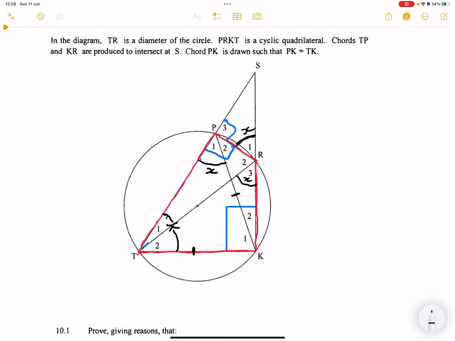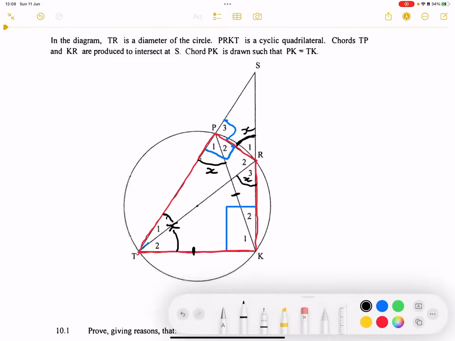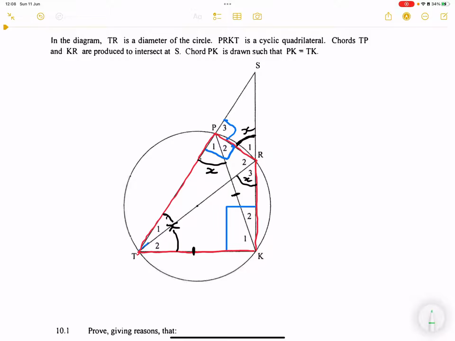And then what that simply means is that therefore this angle here should be 90 minus x. Sum of angles on a straight line: this P3 is 90, R1 is x, and so it means that angle S would be equal to 90 minus x.